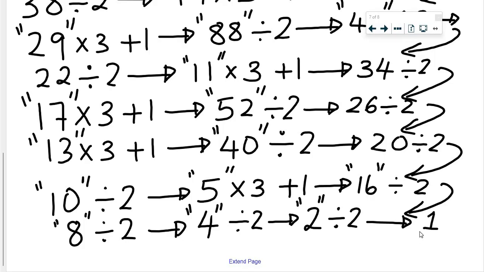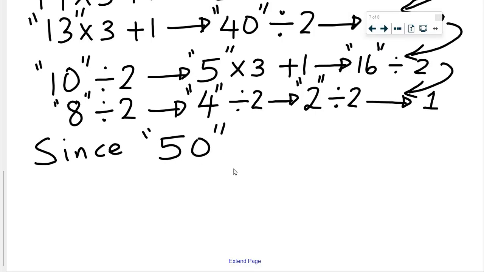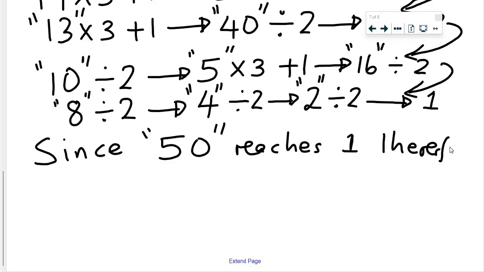Now, since 50 reaches 1, therefore Collatz's conjecture holds.